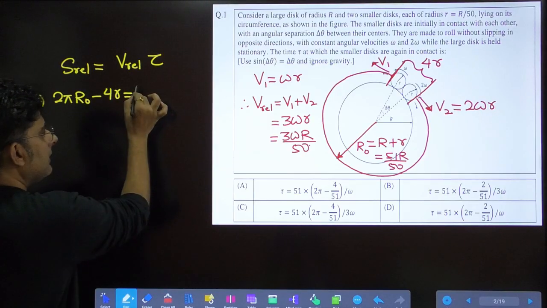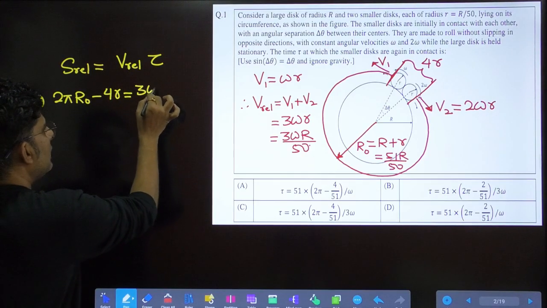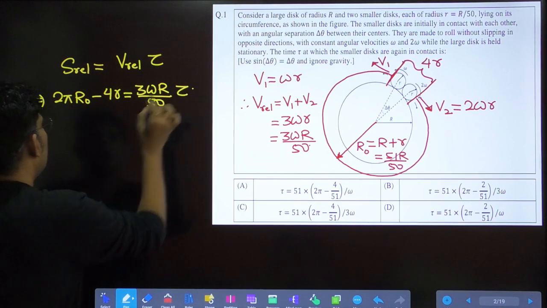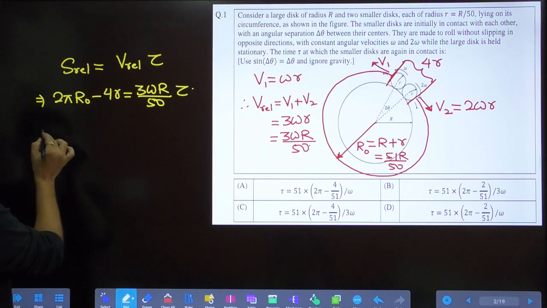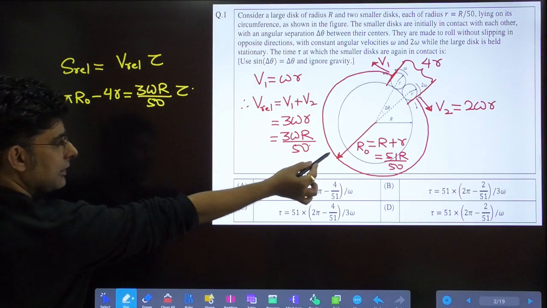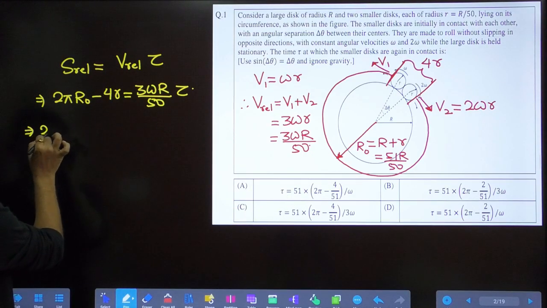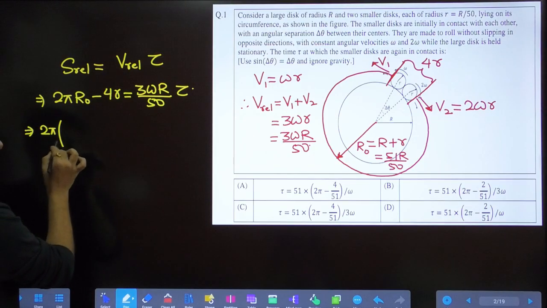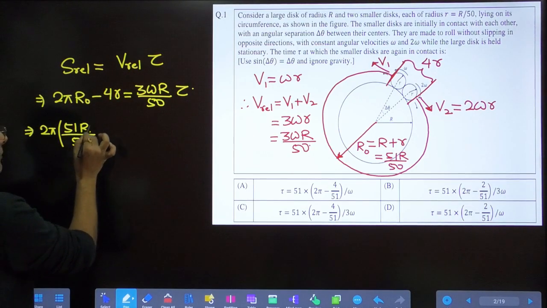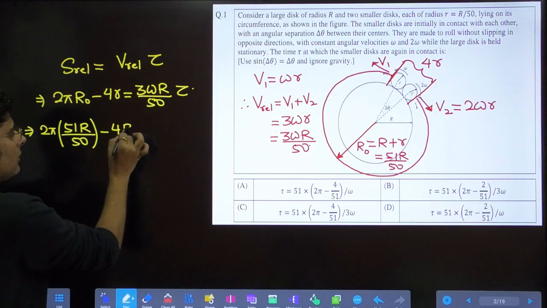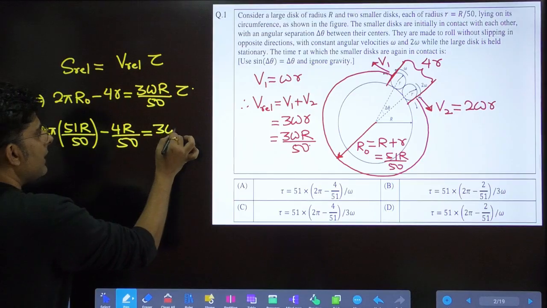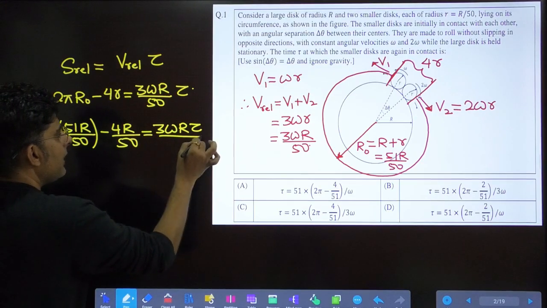V relative, we got 3 omega r upon 50, into tau. Now just substitute the values. What is r0? So we can put 2 pi into 51r upon 50 minus 4, where small r can be written as capital R by 50, and here we have 3 omega R tau by 50.